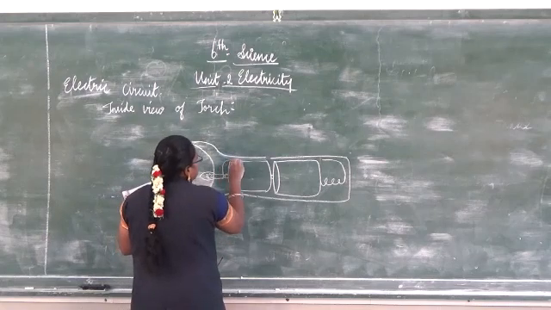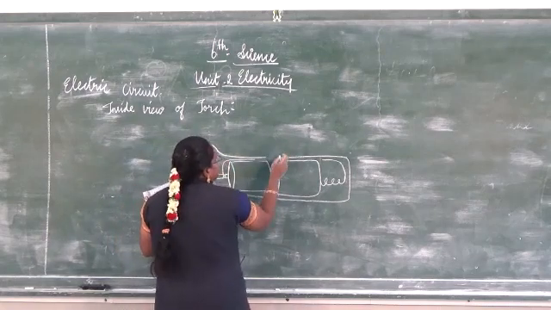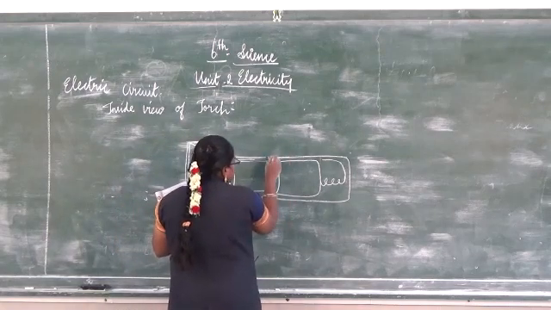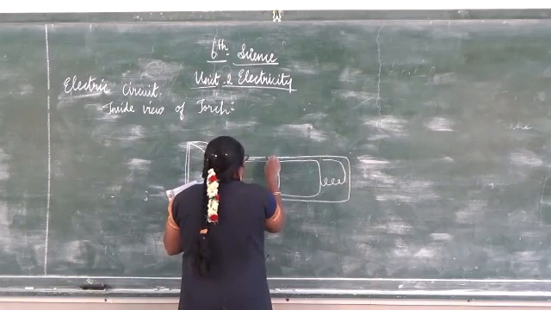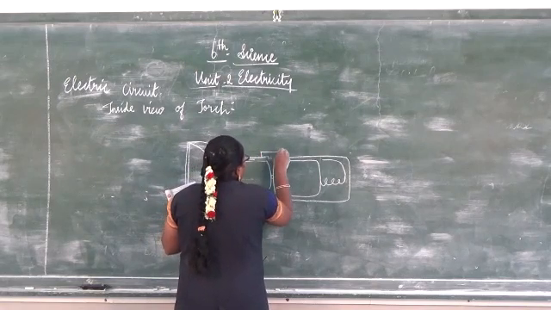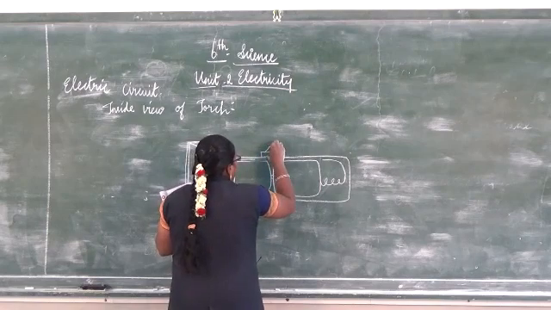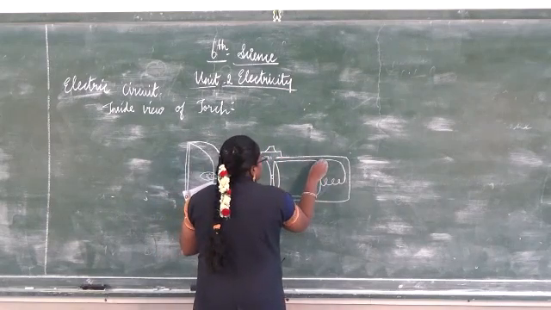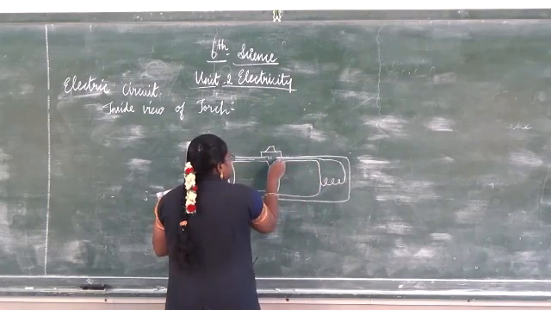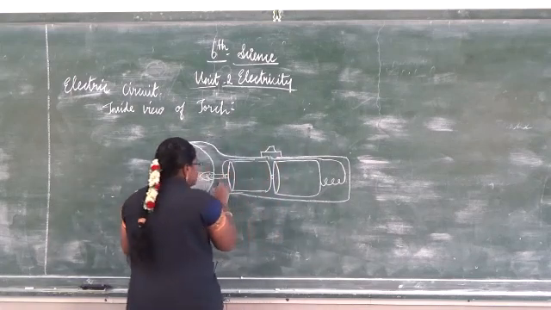It is connected like this. Here a sliding switch is there. A sliding switch is nothing but a switch, isn't it? A switch will be there. From here it is connected, and it is connected here.